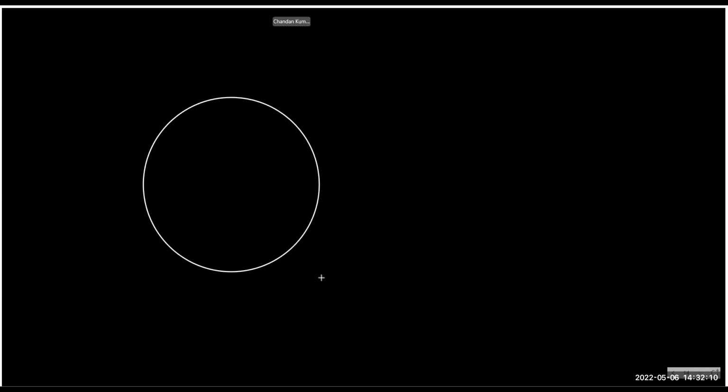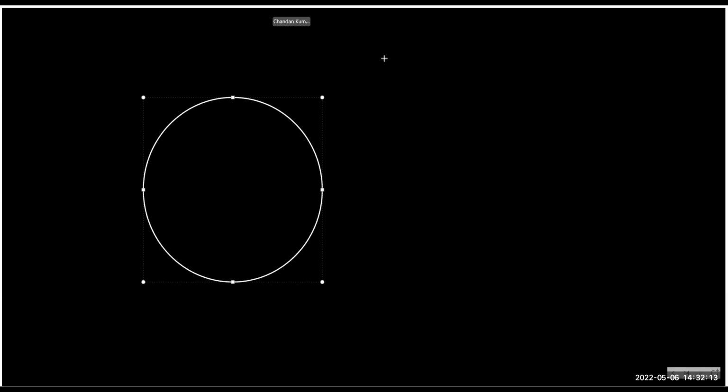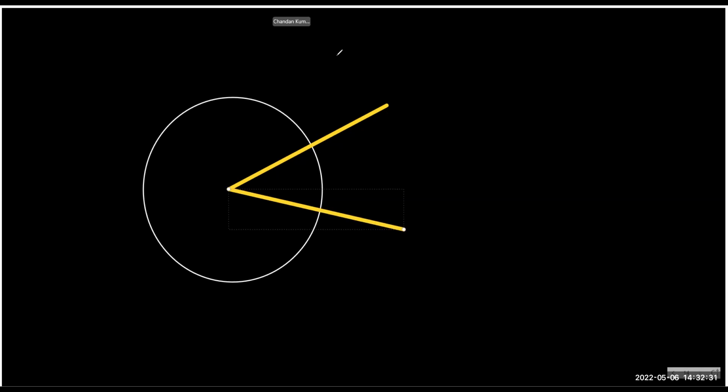In fact, we can do something more interesting here. Let's say I have 2 conductors creating 60 degrees. So if 2 conductors are at 60-degree inclination, and a charge is kept somewhere here, then how many images will you get?